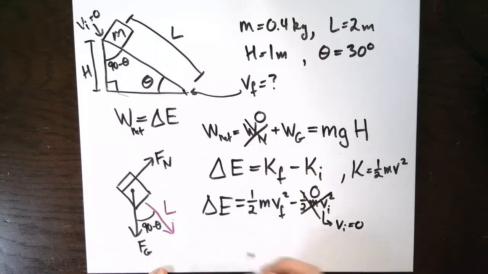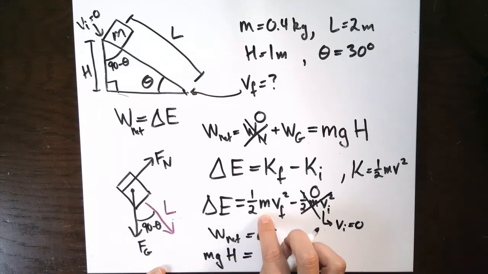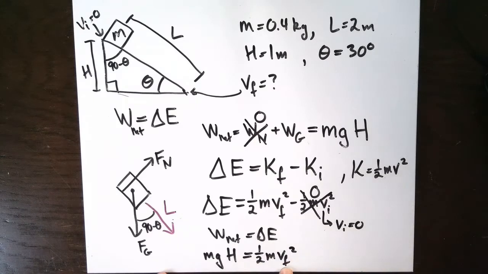So now we can put this all together. The net work is equal to the change in energy. That is the work energy theorem. The net work is equal to mass times gravity times the change in height. This block went down. The change in energy, because the initial energy is 0, is just equal to that final energy. And now we can go ahead and solve for v.